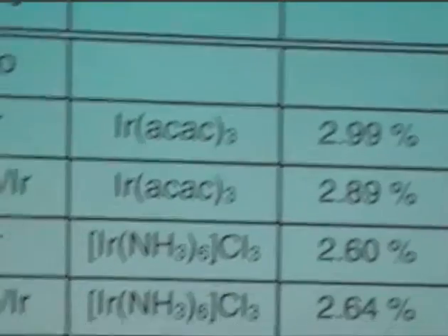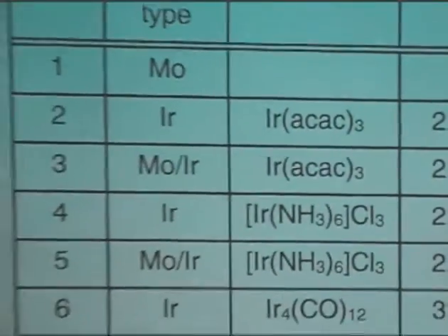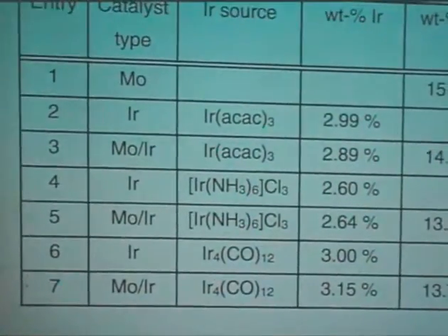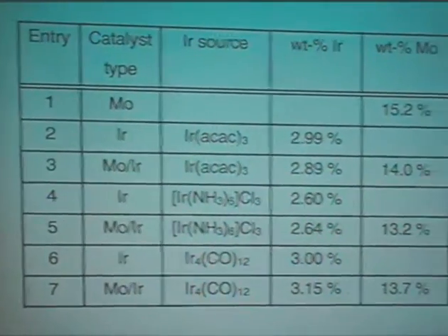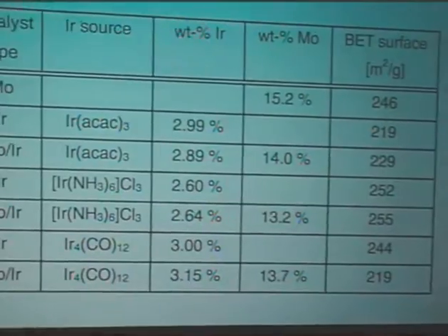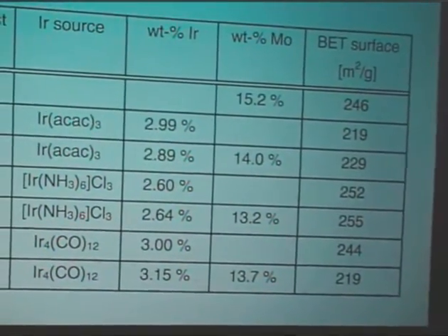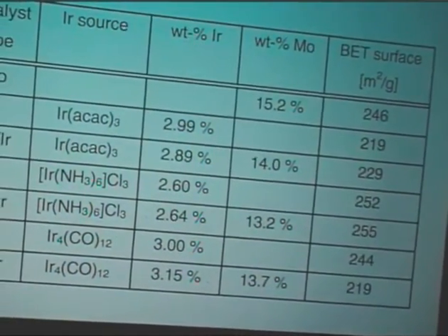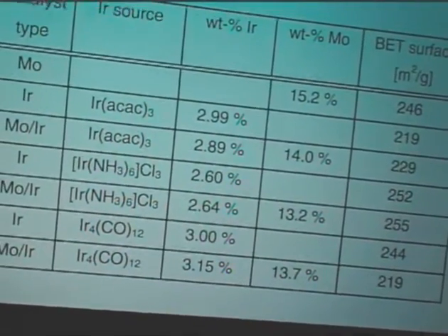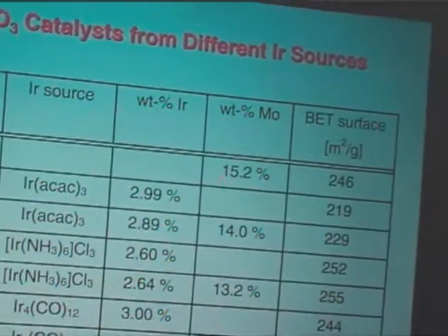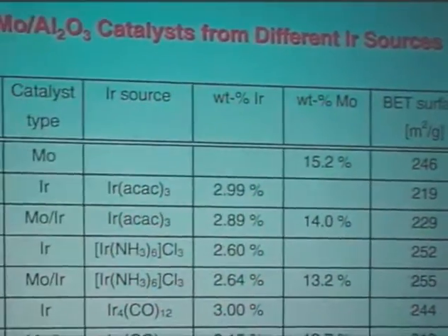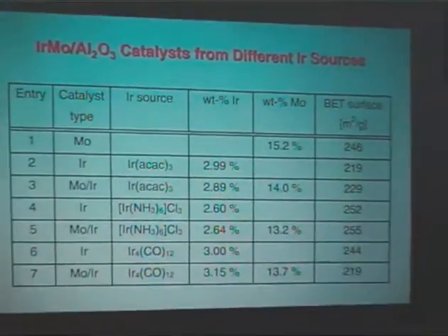We prepared a series of clusters, both in the combination molybdenum iridium, but also the pure iridium ones. This entry 1 is the original molybdenum catalyst, which we used with about 15.2% molybdenum on it.